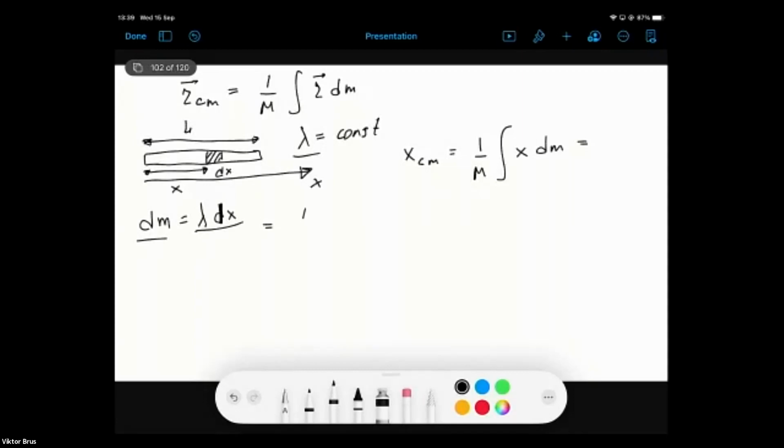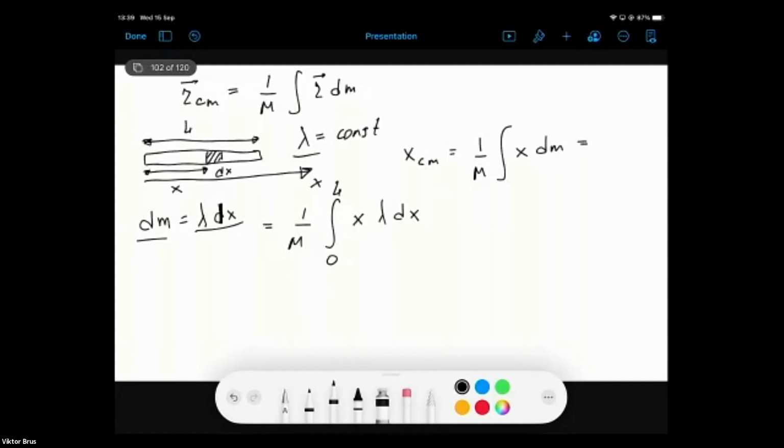This will be 1 over total mass of the rod integral x times lambda dx. And now we can already integrate along the length of the rod, and that will be from 0 to L.